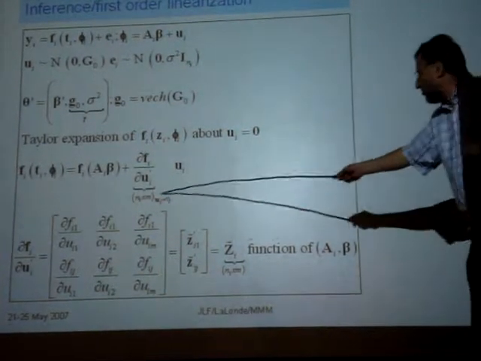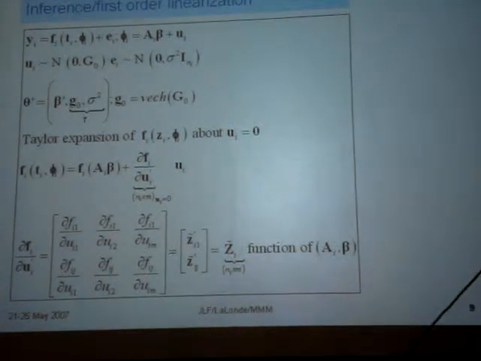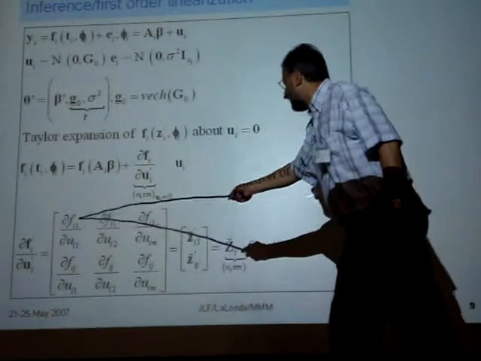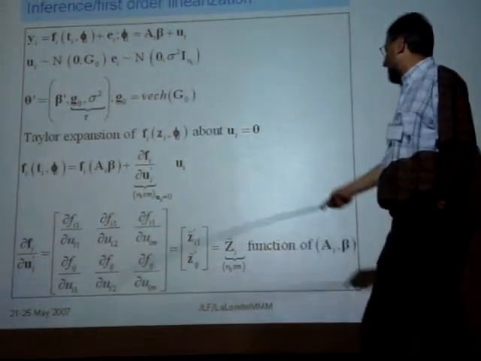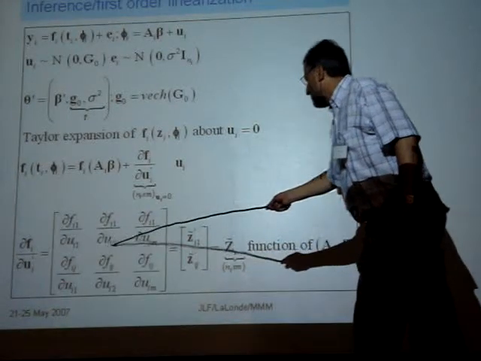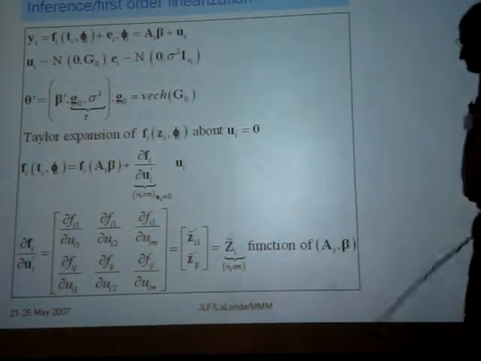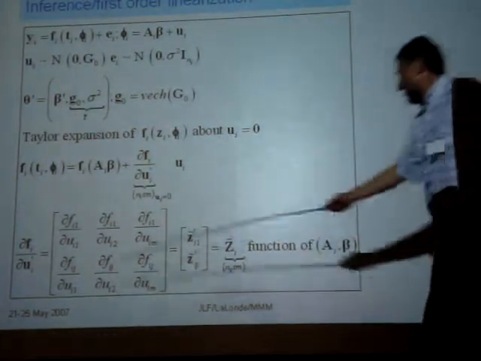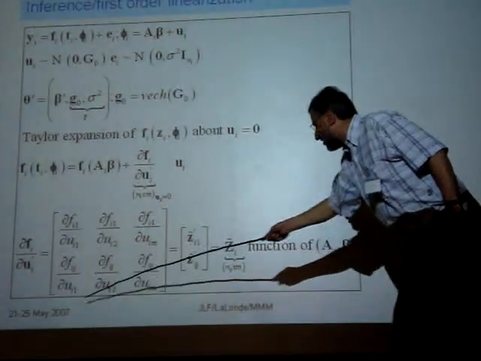And it's built that way. So we'll take here the f for measurement 1 everywhere, and we'll have derivatives with respect to ui1, ui2, uin. So forth for the jth measurement, the same everywhere, with ui1, ui2, uin.